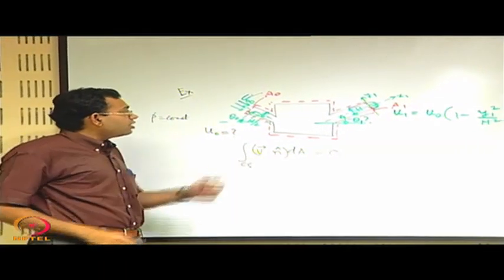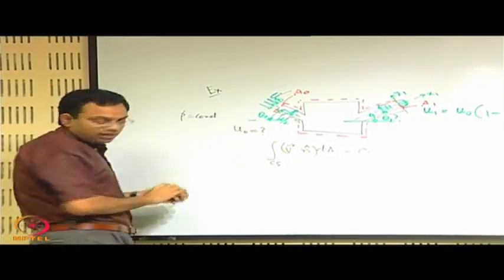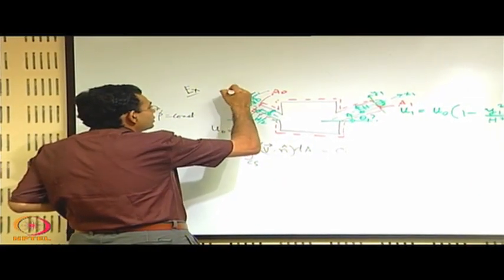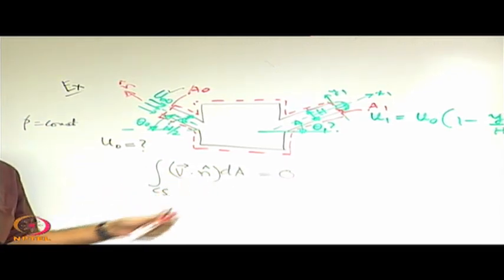When you write v dot n, you have to keep in mind what the direction of n is along this surface. The direction of n is opposite to v, right. So, v dot n will give the minus of the magnitude of v.